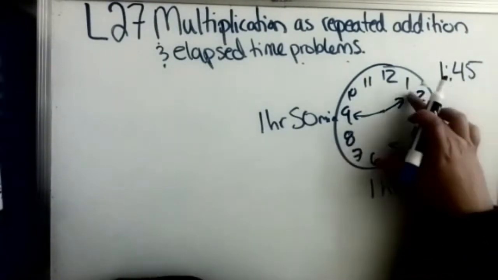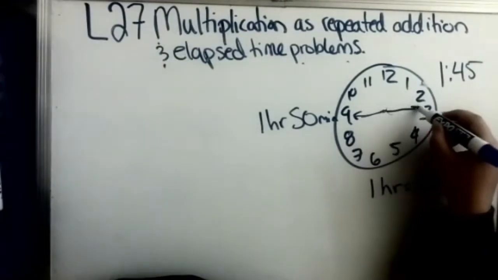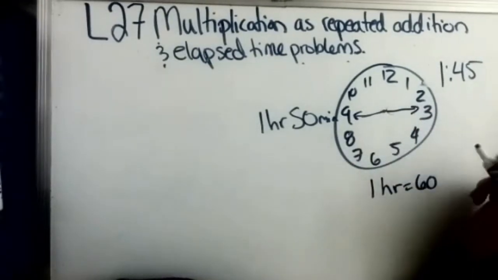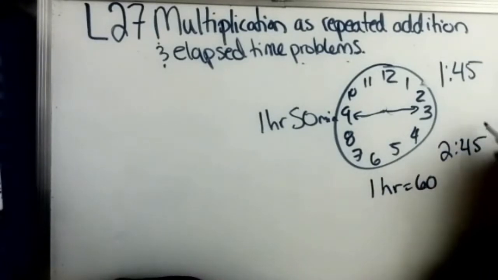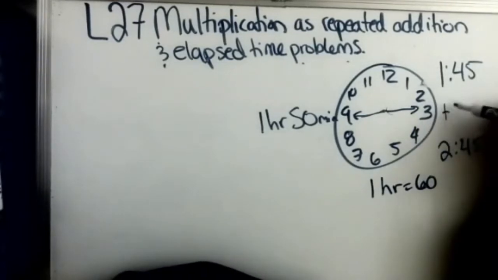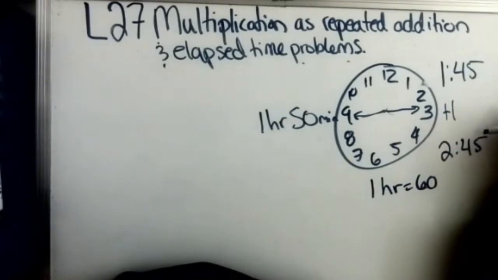While I've been doing that, the hour hand has moved down to there. So we now have 2:45. 2:45 is 1 hour's difference. I added the 1 hour, 1 and 1 is 2, and I haven't changed the minutes yet, so the minutes have stayed the same.